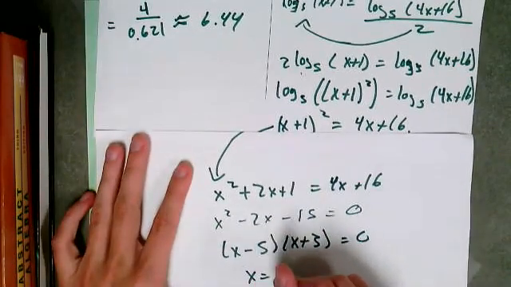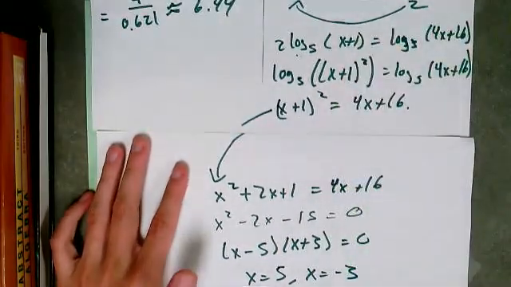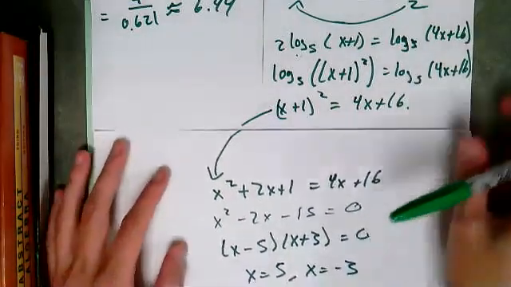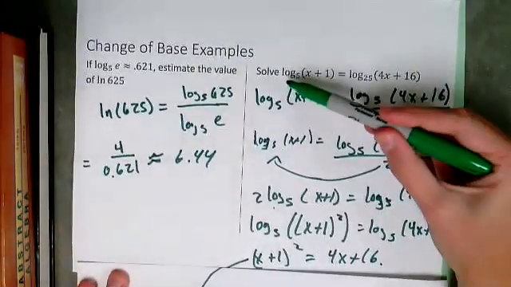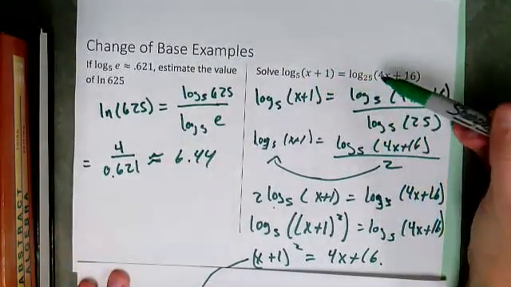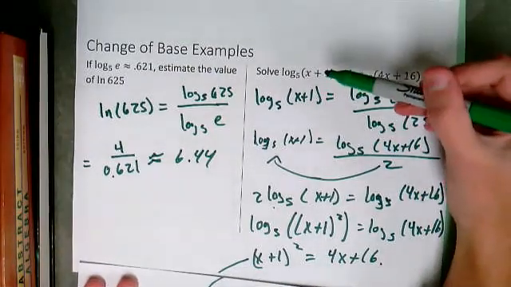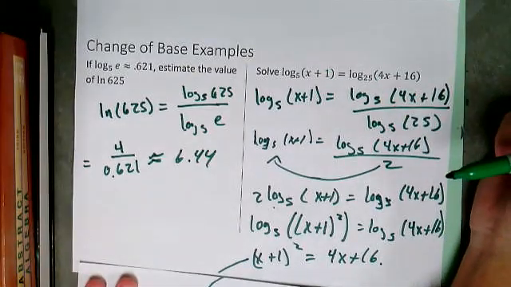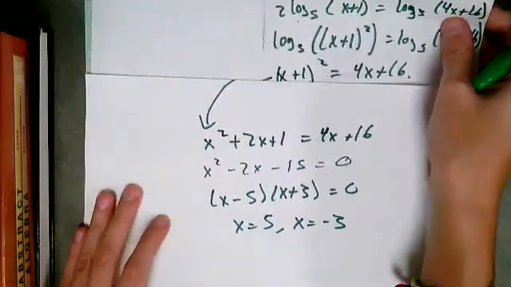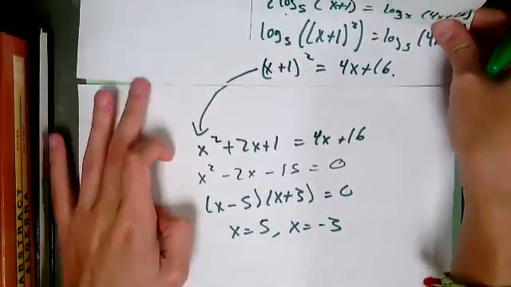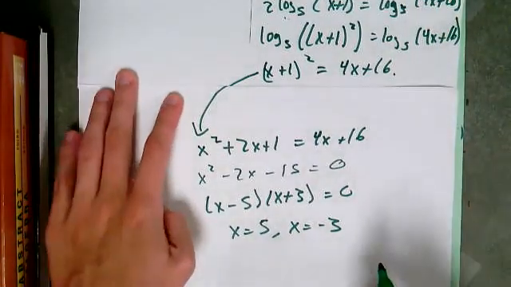So x equals 5 or x equals -3 as our possible solutions. Well, there's a problem here, because we started with log base 5 of x plus 1 and log base 25 of that thing. If we plug in x equals -3, we get log base 5 of a negative number, which is not defined because the domain of a logarithm is all positive numbers.